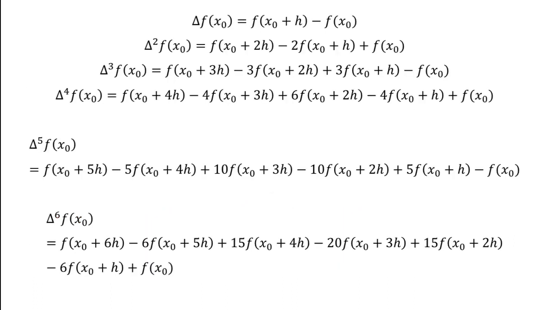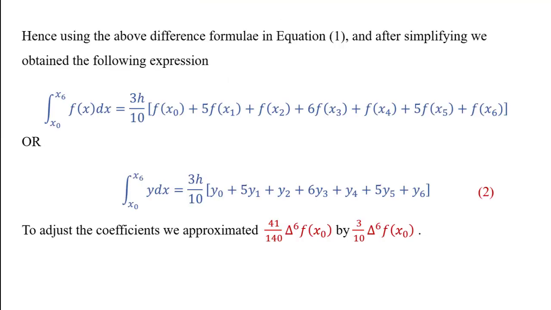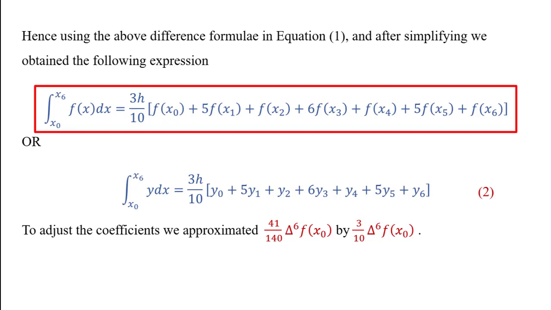After replacing these Newton's forward differences, delta f of x0, delta square f of x0, similarly the third order difference, we will get the integral of f of x dx from x0 to x6 equal to 3h divided by 10 times f of x0 plus 5 f of x1 plus f of x2 plus 6 f of x3 plus f of x4 plus 5 f of x5 plus f of x6.